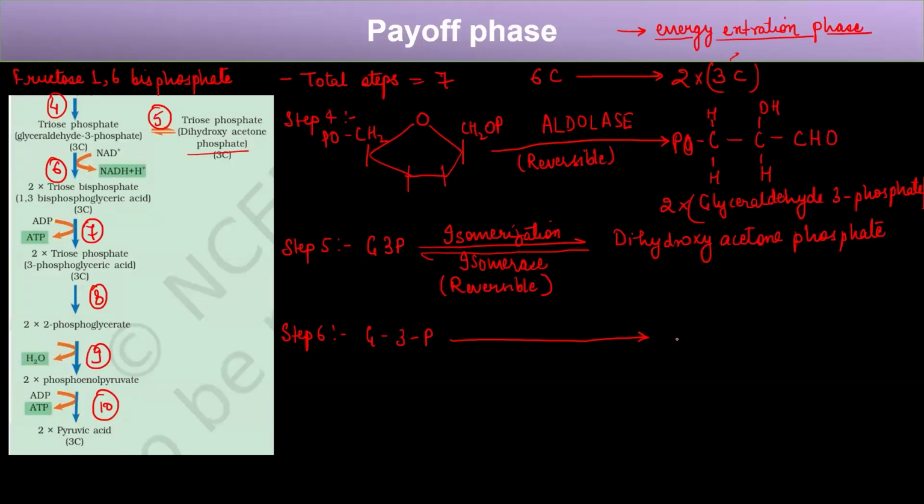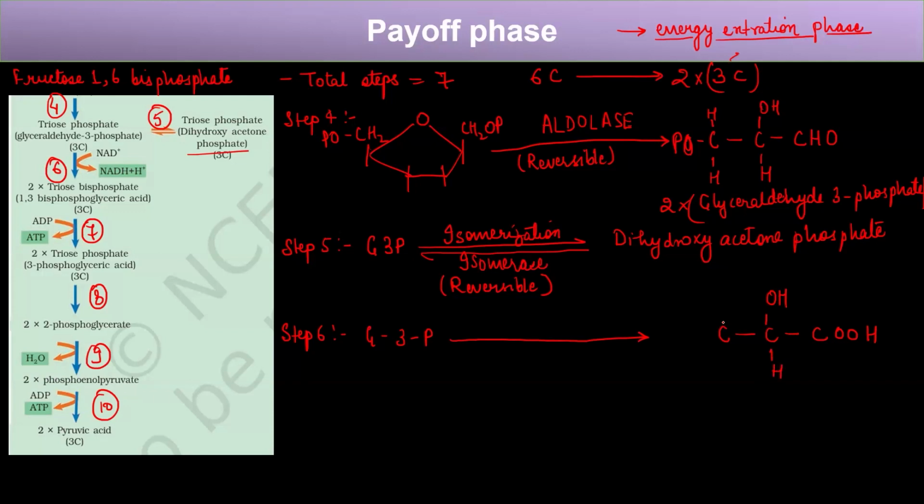So what will be the structure here? Because it's 3-carbon, let's draw 1, 2, 3. On the first carbon we have the acid group, COOH, and it has an OH.